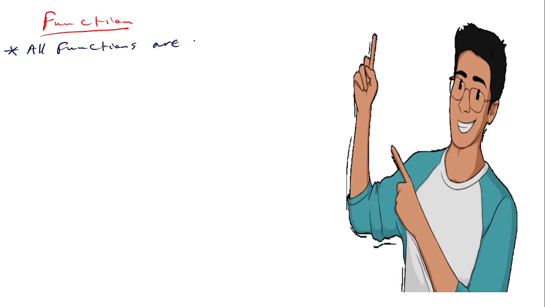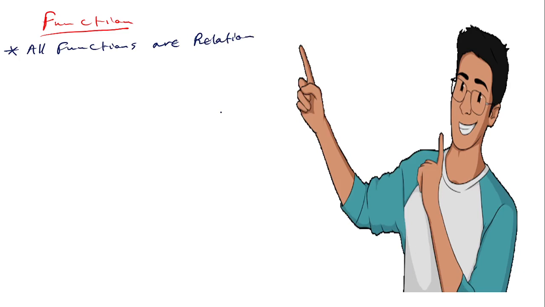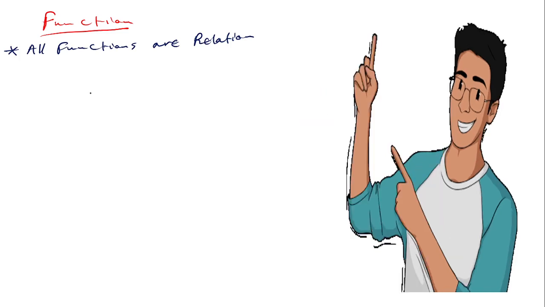Since all functions are relations, we need to understand the relationship between a function and a relation. A relation is normally mapped from the input to the output.